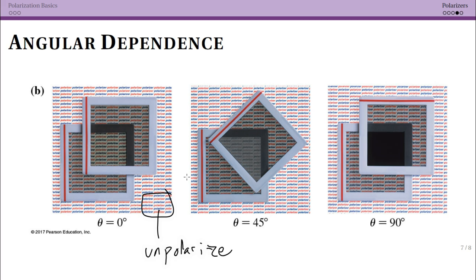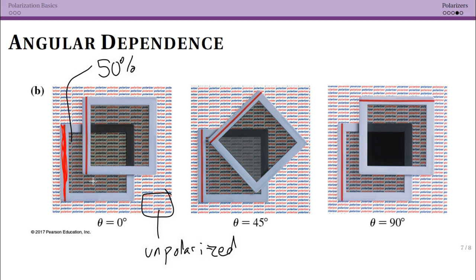So in this situation, notice this red line. This is telling you the axis of polarization. So when we look at this, this looks to be about 50% as bright as the unpolarized one was. And that makes sense. If this is unpolarized and it's going through a polarizer, you get 50% of your intensity.